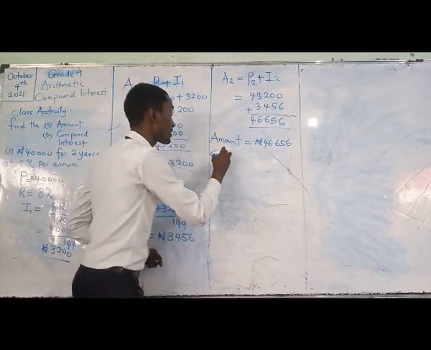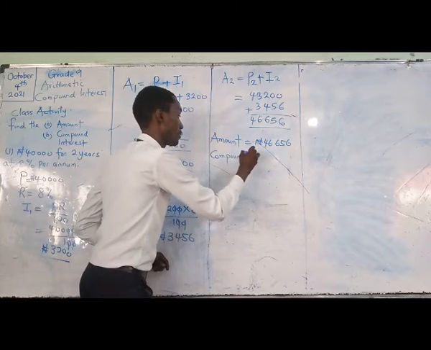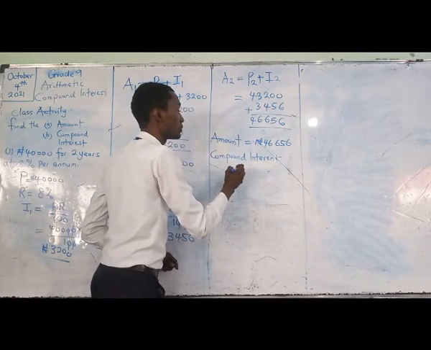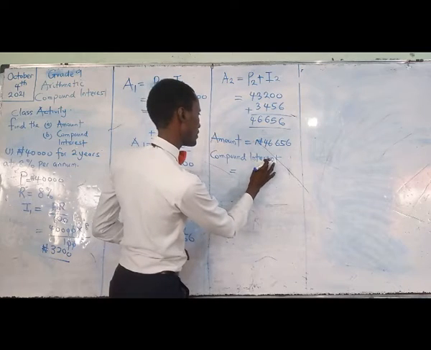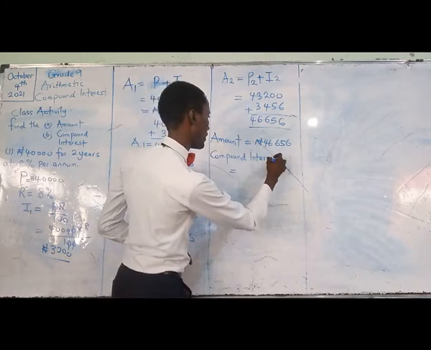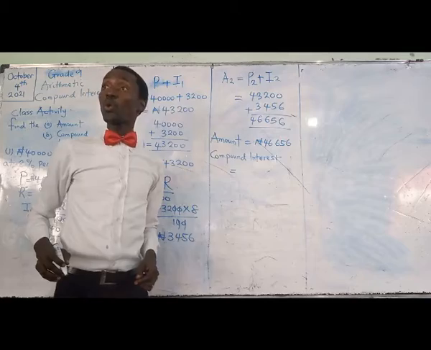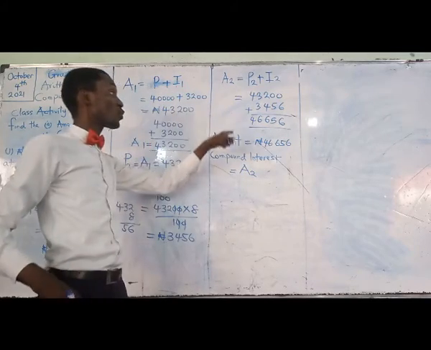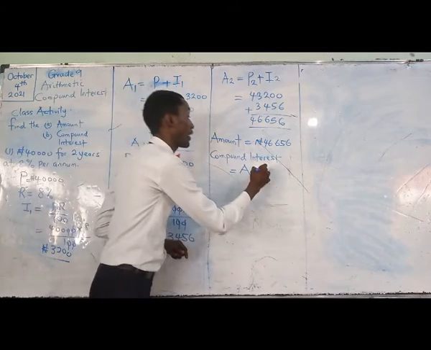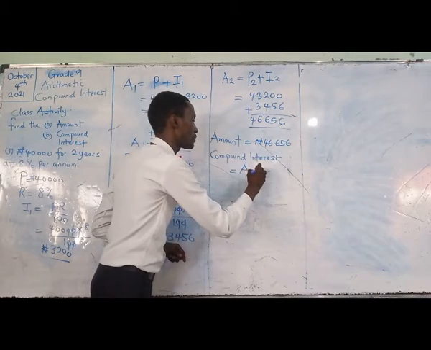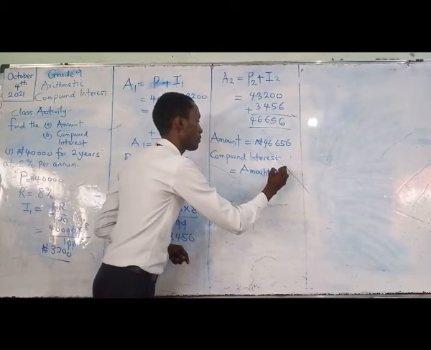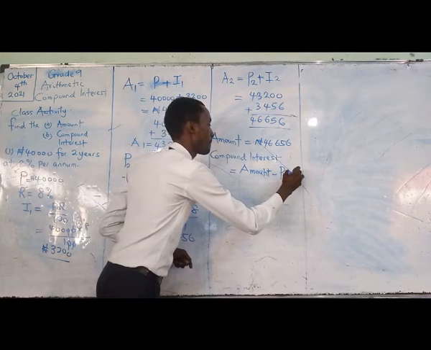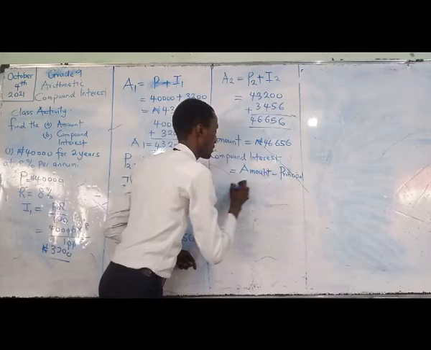How do you get your compound interest? So compound interest will be equal to amount minus principal.